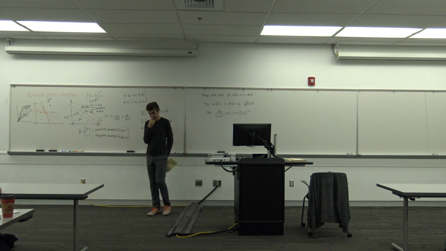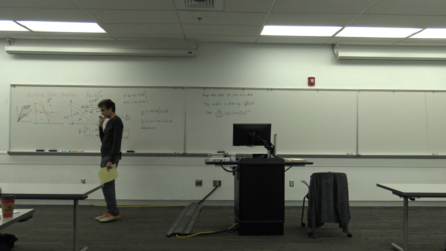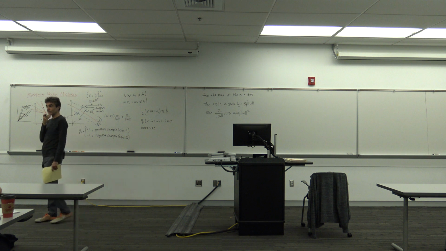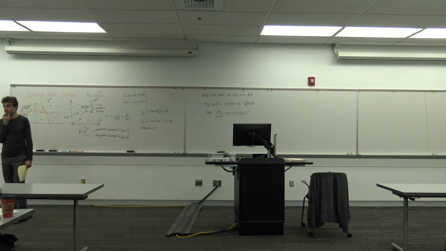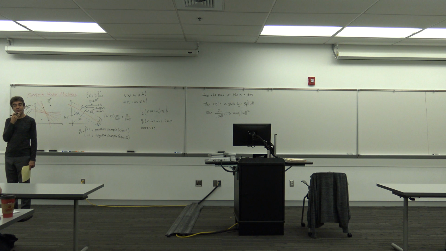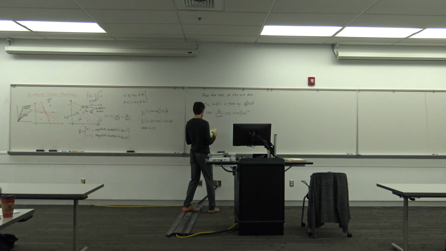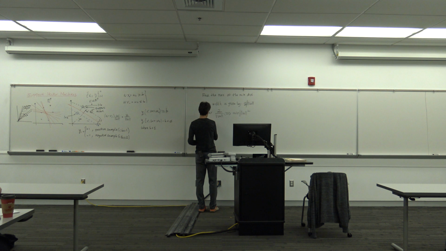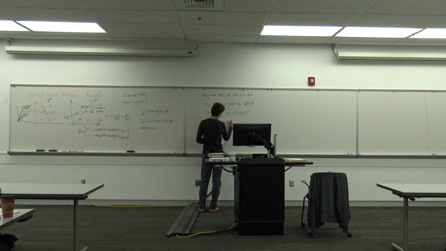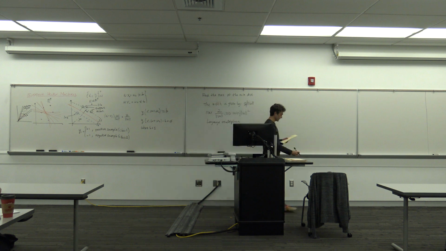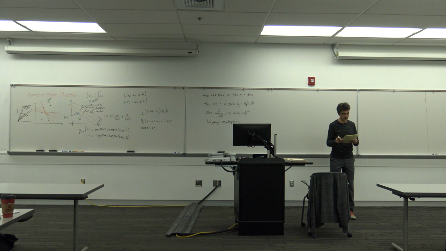OK. Let's see, what are we going to do? Are we going to use gradient descent? Are we going to use Lagrange multipliers? Yeah? OK. Let's try Lagrange multipliers. So let's see how we can use Lagrange multipliers in our criterion.